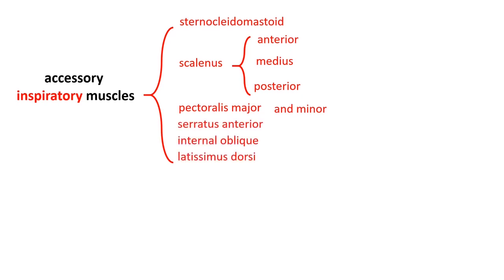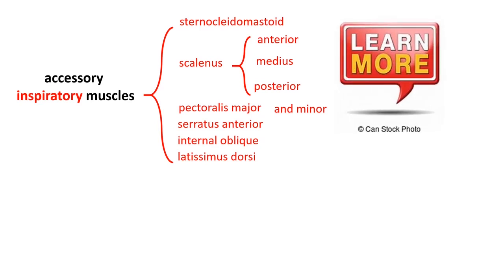So we have a bunch of muscles that are called to do inspiration in emergency cases, and these are called accessory inspiratory muscles, and we are going to learn more about that.